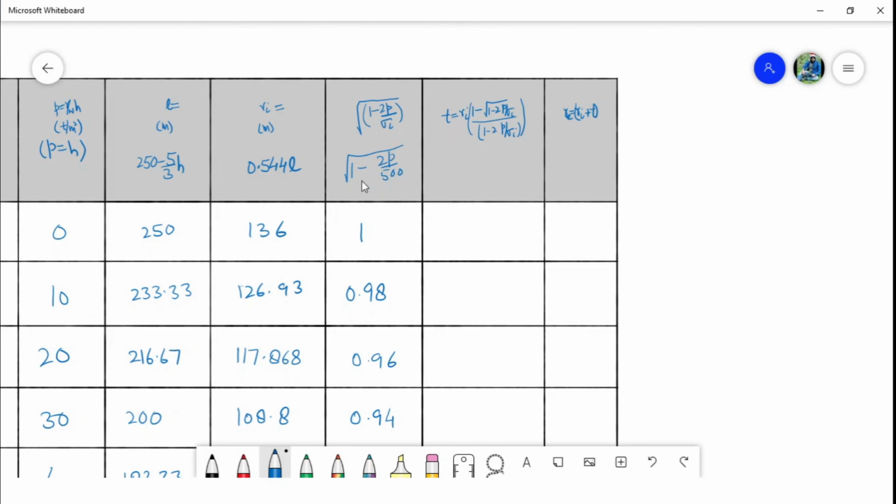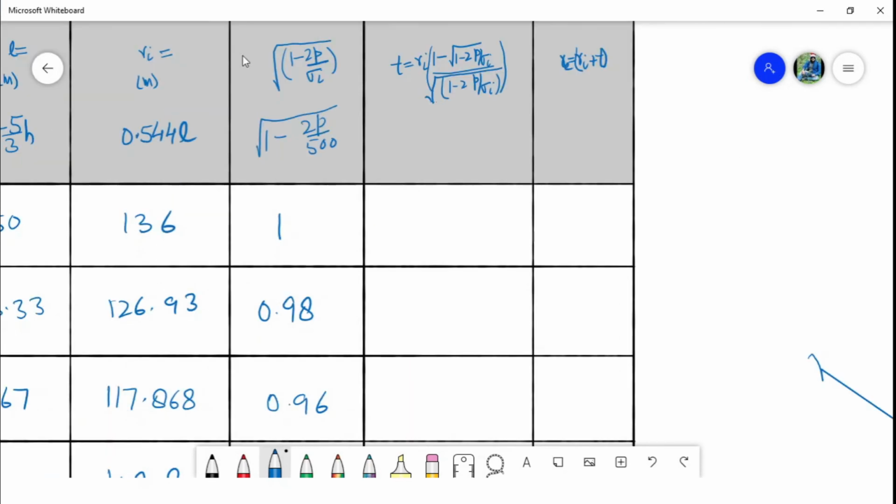Now to calculate the value of thickness, we need Ri. We have already computed Ri in this column, and we also need this term, which we have already determined.